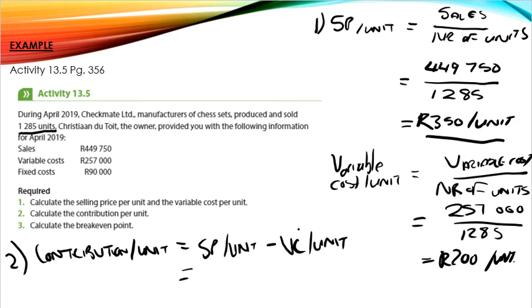My calculation: selling price is 350 Rand. I'm going to subtract the 200 Rand for the variable cost. So that means my contribution is 150 Rand per unit.